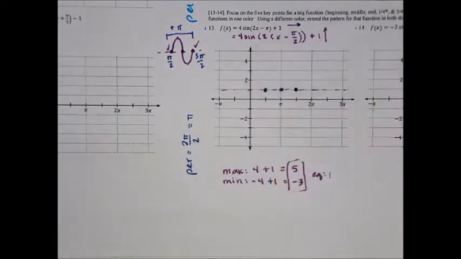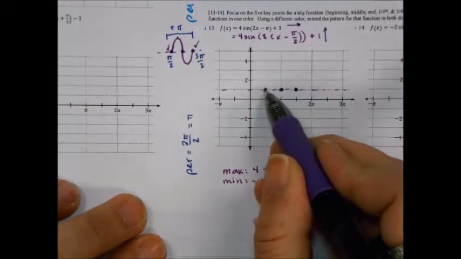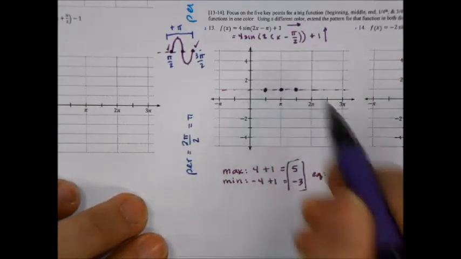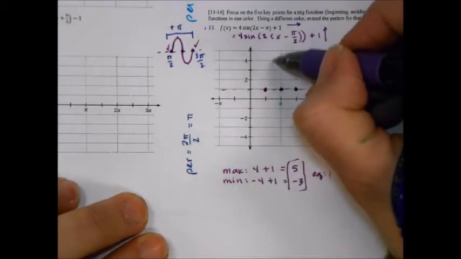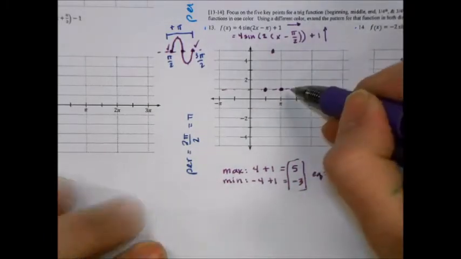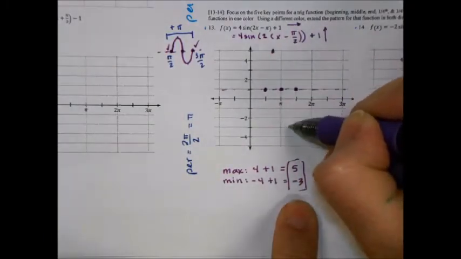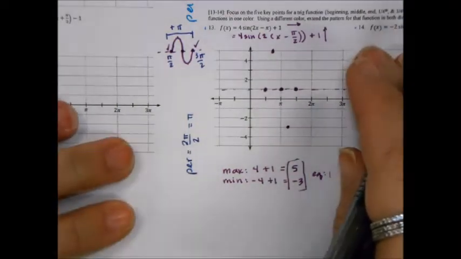So now all I need is right in the middle of my first 2 points should be my maximum. Remember, the maximum is 5. So right in the middle here, all the way up to 5. And then in the middle here, the minimum is -3. Now, if you hadn't found those values first, remember that you can always use the amplitude to find that.